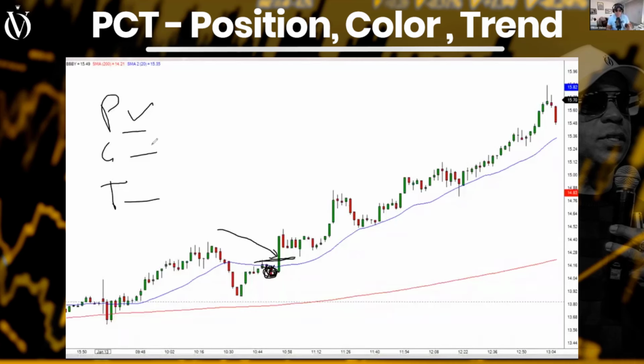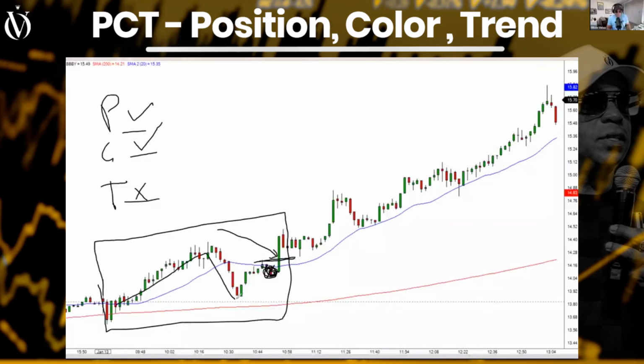Am I playing the dominant color? Well, kind of yes. If I go back to the beginning and say, look, this is the day I'm dealing with now, I would say that yes, the dominant color is green, especially with the bar that I'm buying. Okay. So yes, trend, not so much now. This trend is broken.